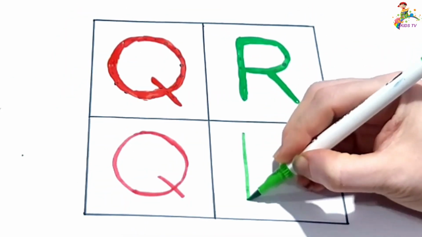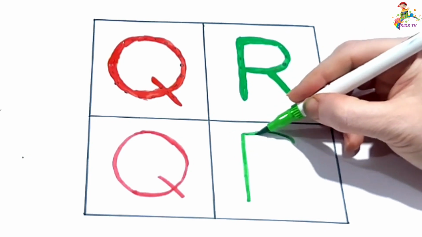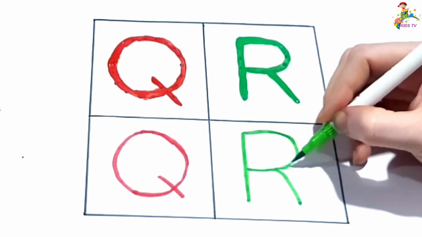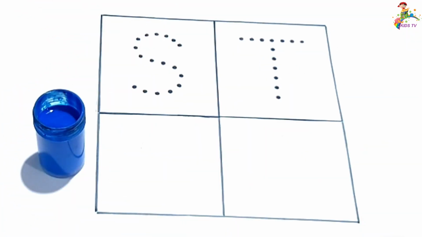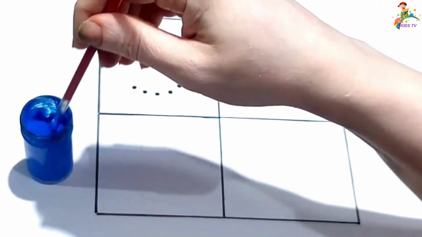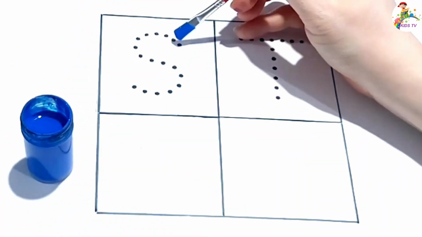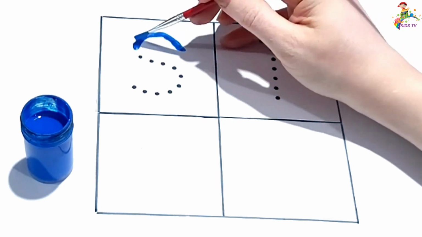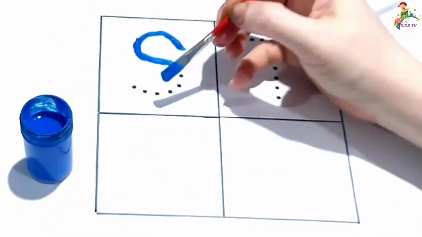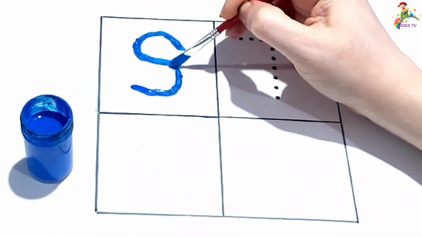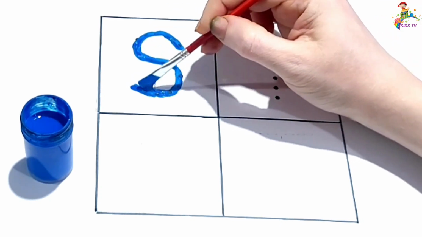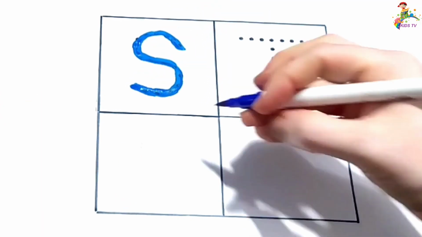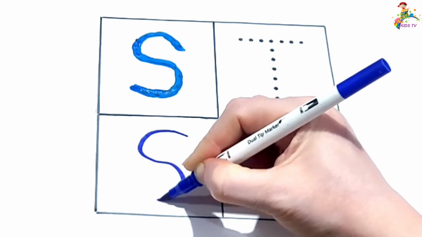R for rat. Blue color. S. S for sun. S for soup.